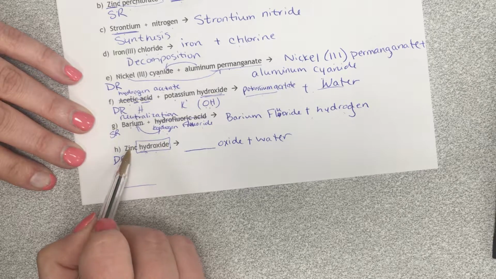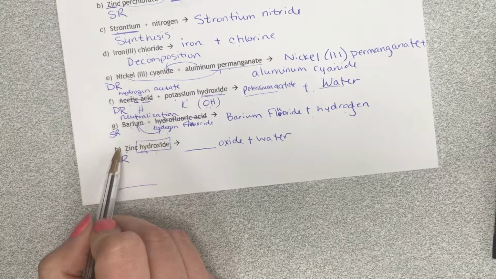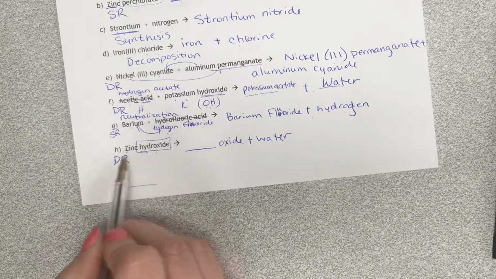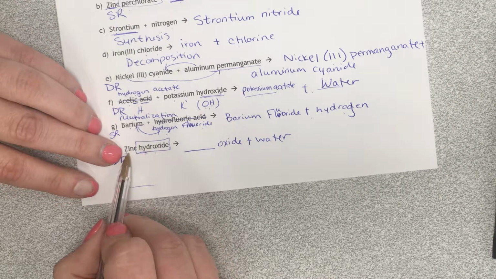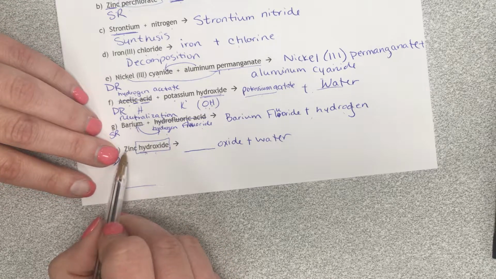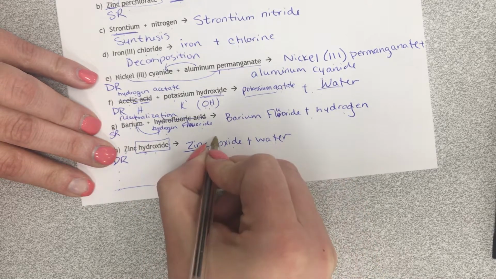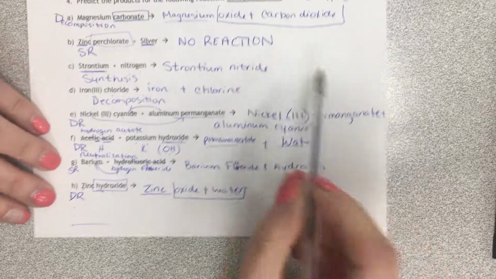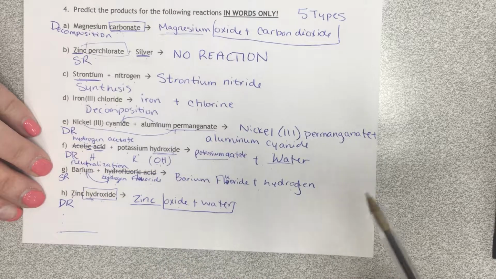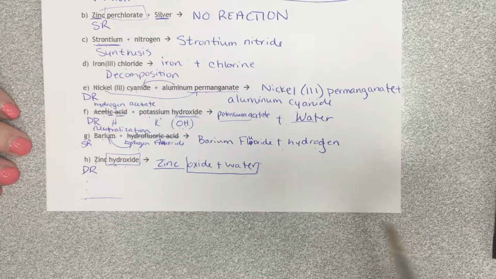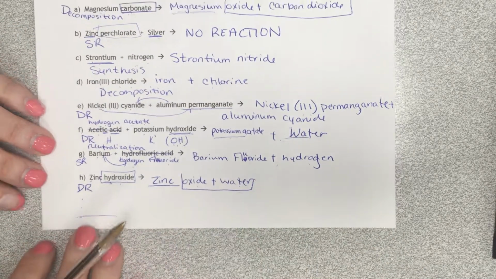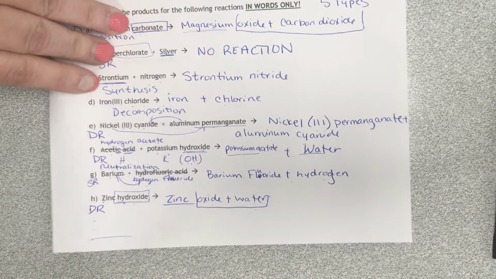This could be sodium hydroxide, magnesium hydroxide, barium hydroxide. Whatever this metal is, it's just going to go here with oxide and water. This always stays in the product when you have hydroxide. Okay, moving on.